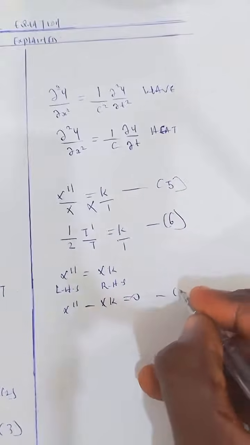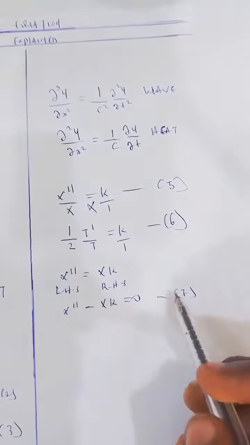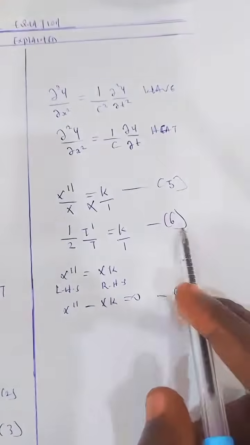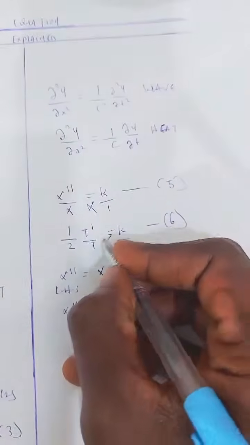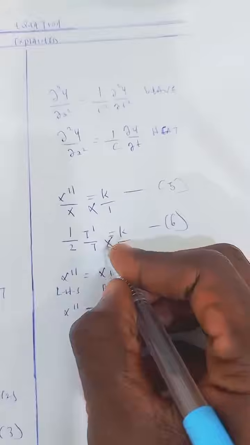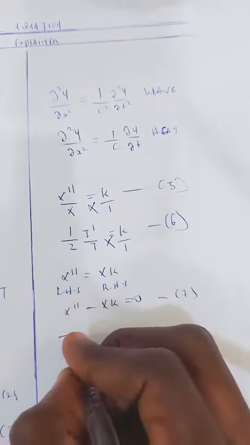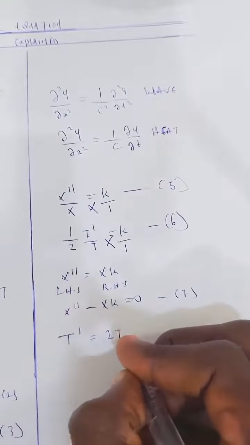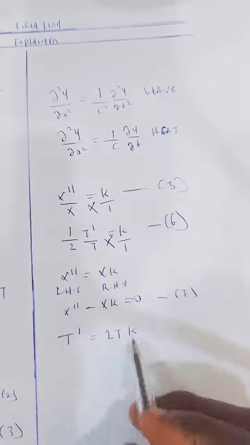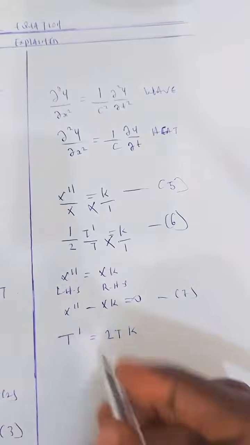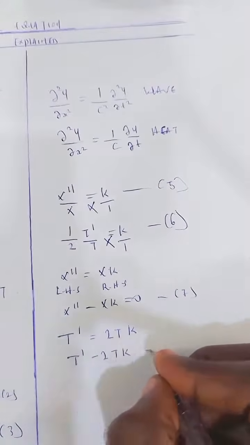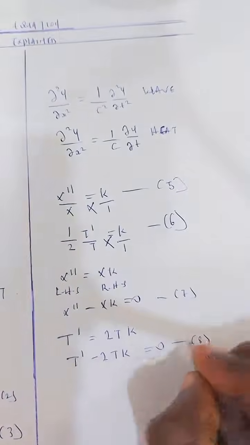Say this is equation 7. The same way you got equation 7 from equation 5, you obtain equation 8 from equation 6, meaning cross multiply. By the time you cross multiply, equation 6 becomes t prime equals 2 multiplying t multiplying k. Bringing this to the other side, you have t prime minus 2tk equals 0, say equation 8.